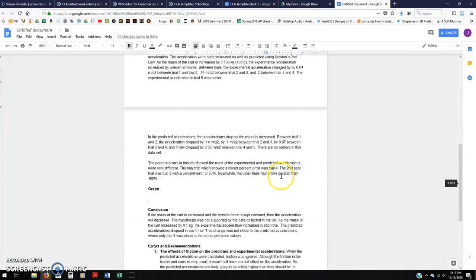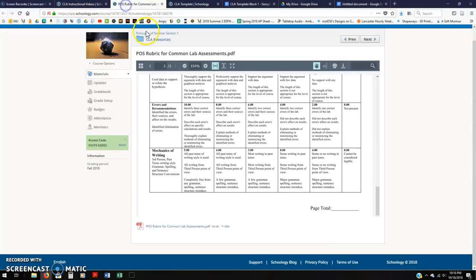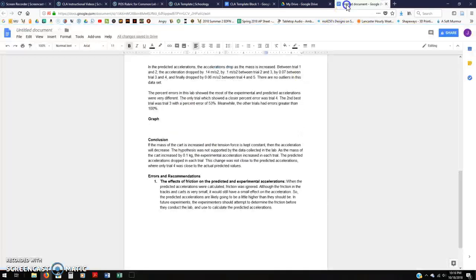We could put that in there, but it's fine. And then finally, we explained a method to go about trying to identify that error and mitigate it the next time we do it. So this is an example of a good errors and recommendations page.